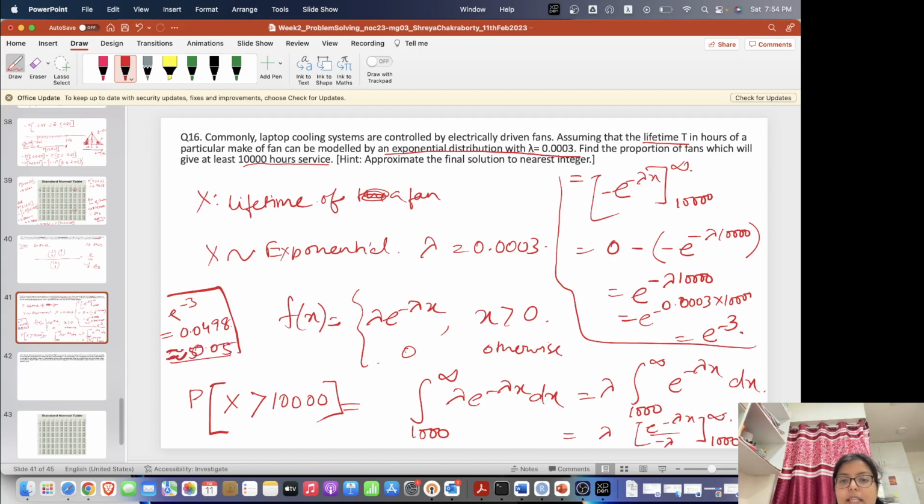What it means is that 5% of the fans will have a lifetime greater than 10,000. So the proportion of fans which will at least give 10,000 hours of service, approximated to the nearest degree, is 5%.